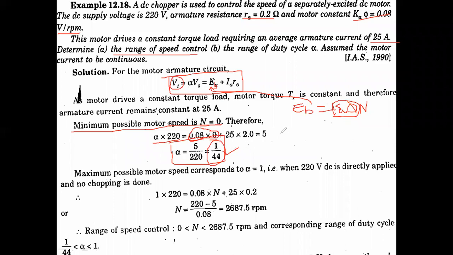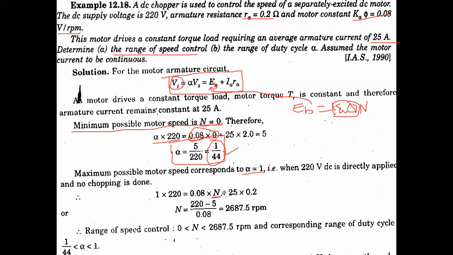Okay, and we know the maximum range of the duty cycle is 1. Now substitute this duty cycle as 1 to get the maximum speed. In the same formula, substitute alpha, the duty cycle, as 1, into input voltage 220, equal to 0.08, which is the constant value, into speed.